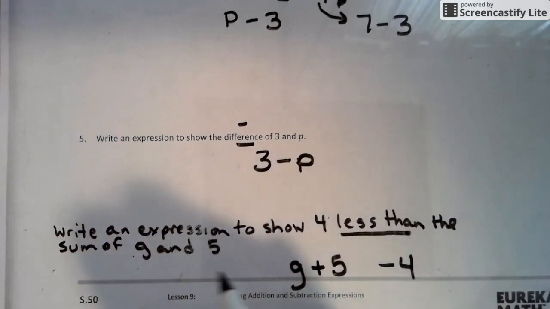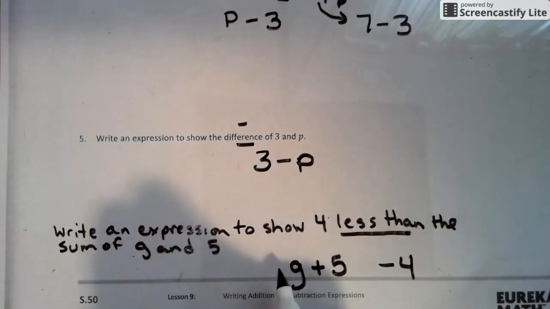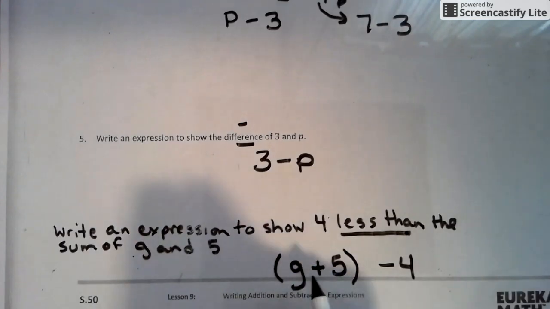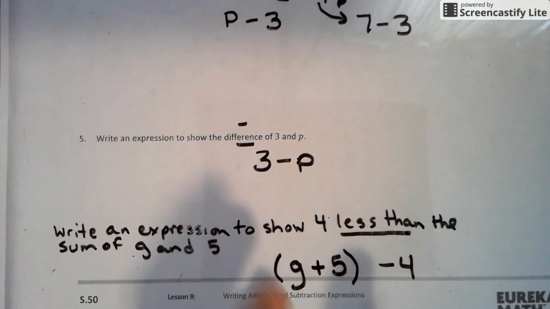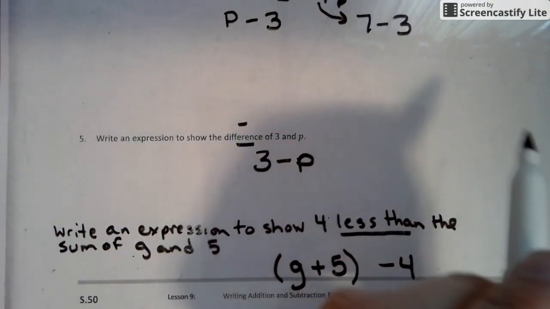So 4 less than this stuff means less than has to go at the back side. So that's what we can do. Now, some kids like to put a set of parentheses around it. In this case, order of operations would have us do the adding before the subtracting anyways because of PEMDAS. But if you want to put parentheses around it, it just guarantees that that's what you're going to do first. All right, so it's just the beginning of everything.